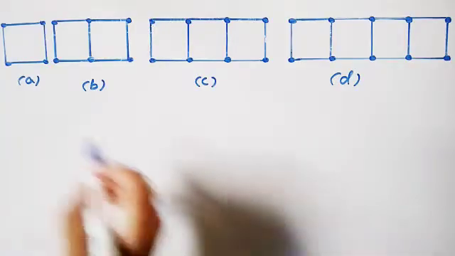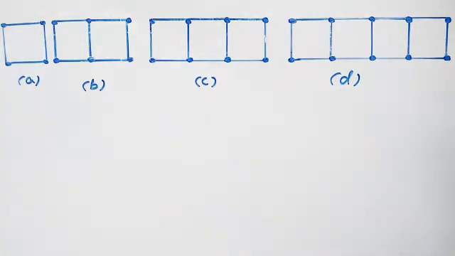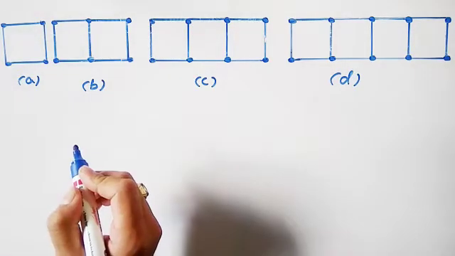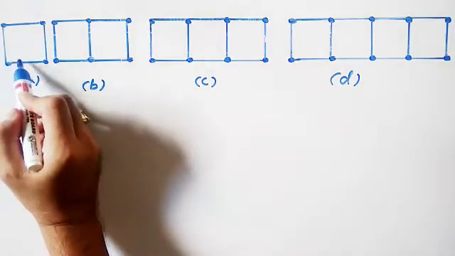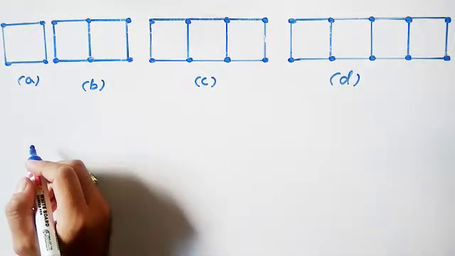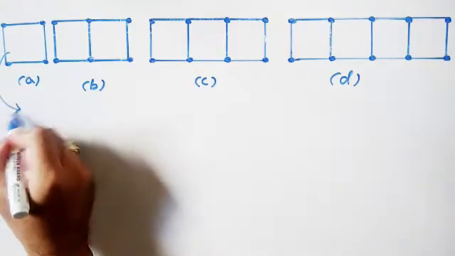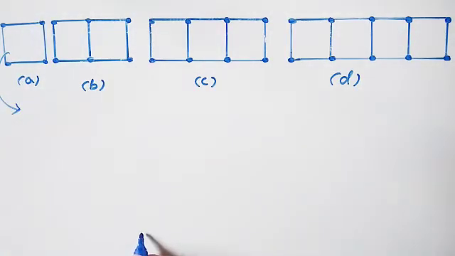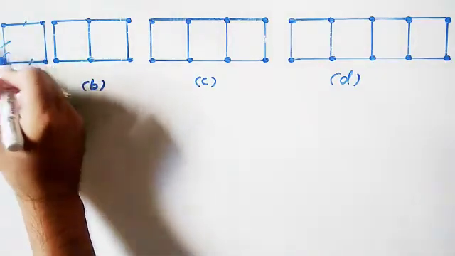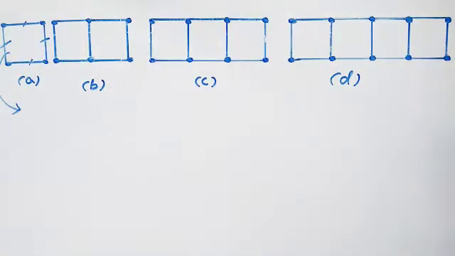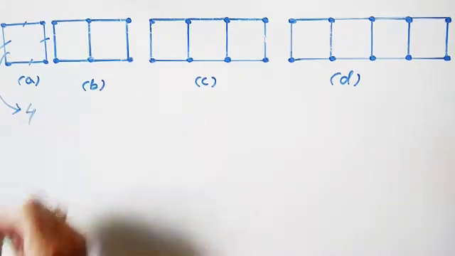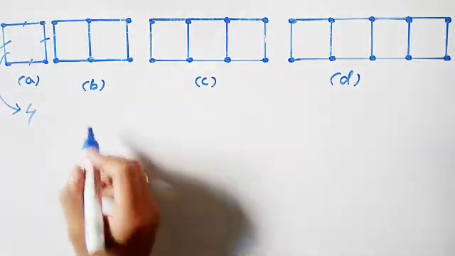So students, these are the pattern of squares which are given in the question. Okay, so before we solve this question, let us count how many mastics are required to make one square figure. Here, to make this one square figure using mastic, how many mastics are required? 1, 2, 3, 4. 4 mastics are required, right? Then what about our figure number B?